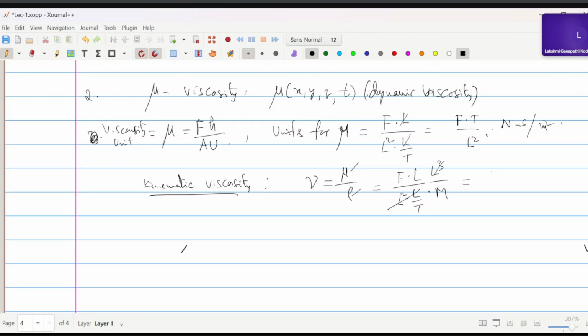This gives FLT by M. But F by M, since F equals MA, is acceleration, so this is like meter per second squared. And L T is what?